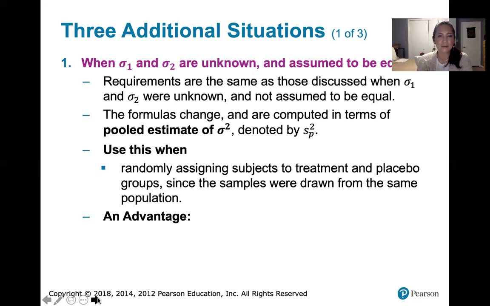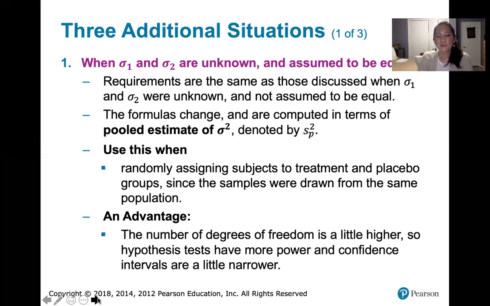So that's one example. Now, one advantage of pooling the variances like this is that the number of degrees of freedom is a little higher. So in that case, the hypothesis test will have more power and our confidence intervals will be a little bit narrower. Having a narrower confidence interval is a very good thing, because basically what that's saying is that we're getting closer to estimating the true value of mu sub 1 minus mu sub 2 because we have less error around it.